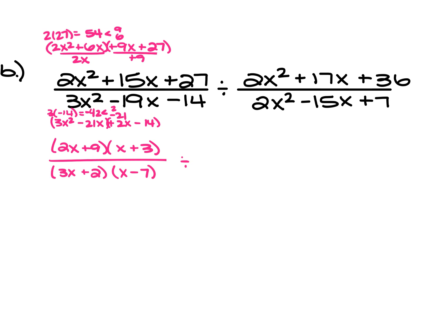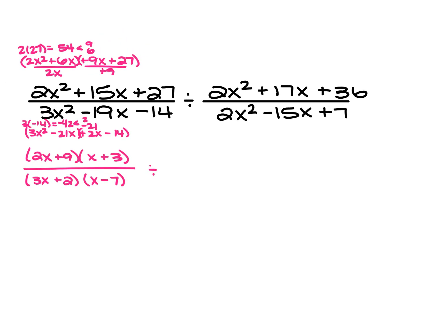The top of the second fraction, you have 2x squared plus 17x plus 36. So you're going to multiply 2 and 36. That gives you 72. You want the factors of 72 that add up to be 17. 6 and 12 doesn't work, but 9 and 8 do.